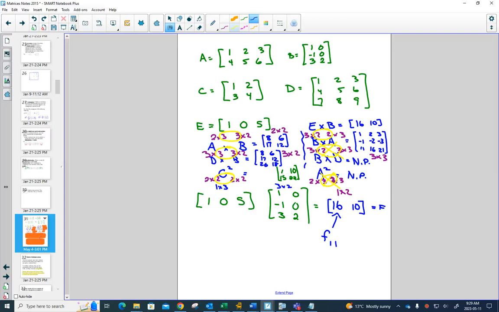It's in row 1, column 1. 16 is related to row 1 of your first matrix and column 1 of your second matrix, somehow. Whichever way you can figure out to get a 16 with row 1 and column 1, you have to use that same strategy to get a 10 with row 1, column 2.